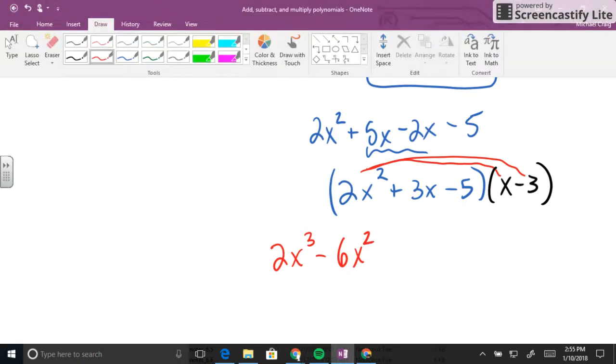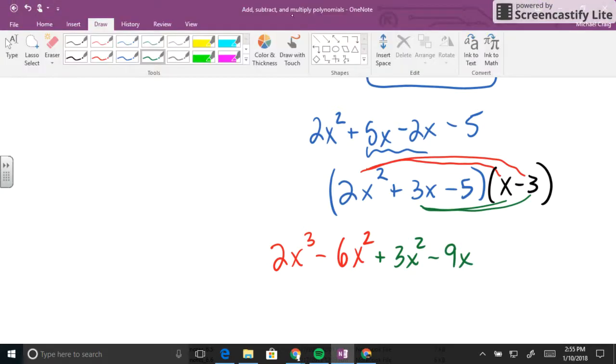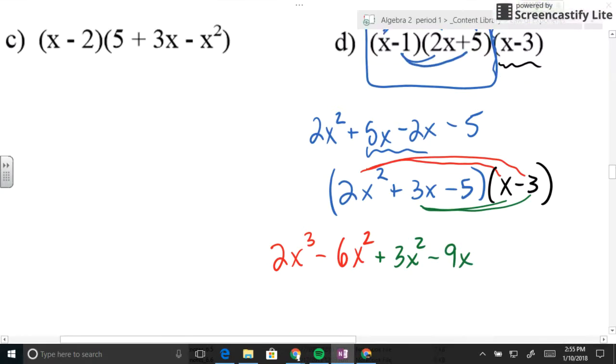And then we want to multiply the 3x times the x and the 3x times the 3. 3x times x is positive 3x squared. 3x times negative 3 is negative 9x. And then we want to multiply the last terms here, the negative 5 times x, and the negative 5 times negative 3. So negative 5 times x is negative 5x. Negative 5 times negative 3 is positive 15.